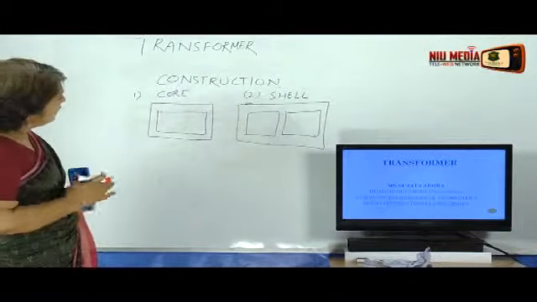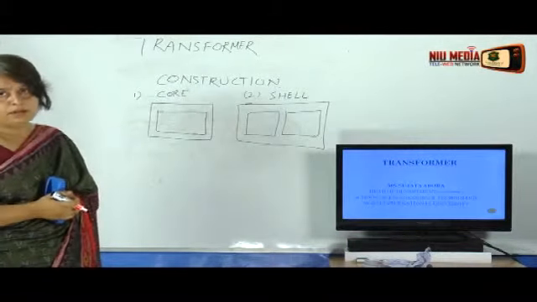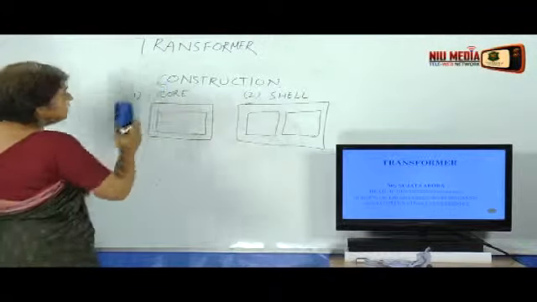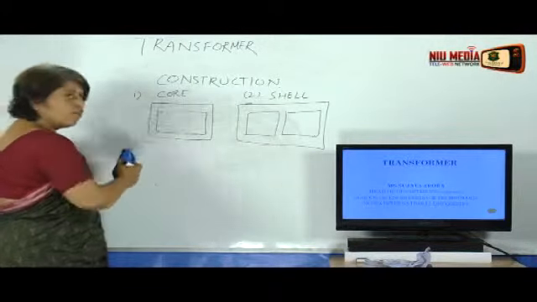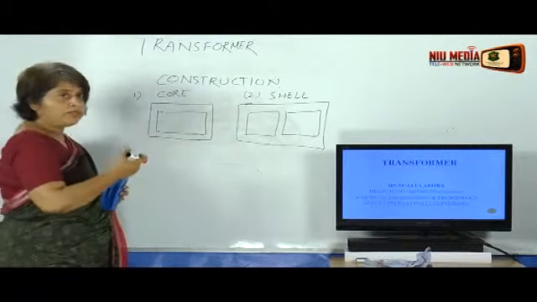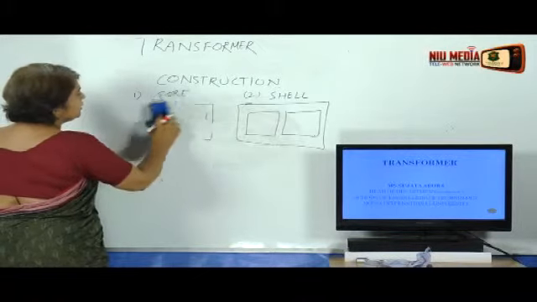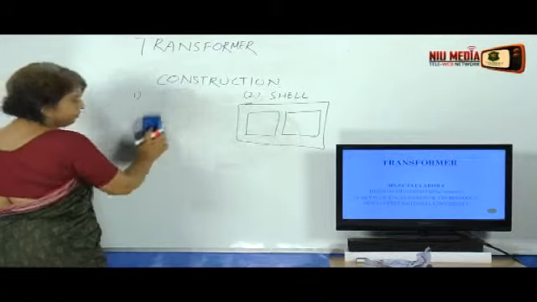Now, how can this core be built in the industries? This core is of rectangular type, as you can see, but how is it prepared or manufactured?